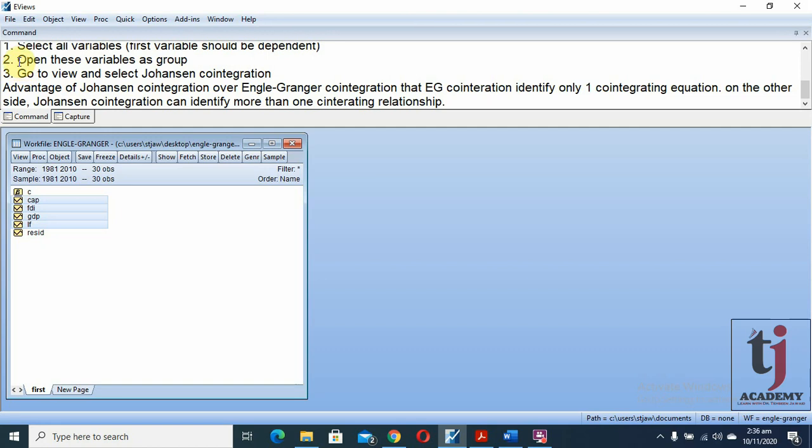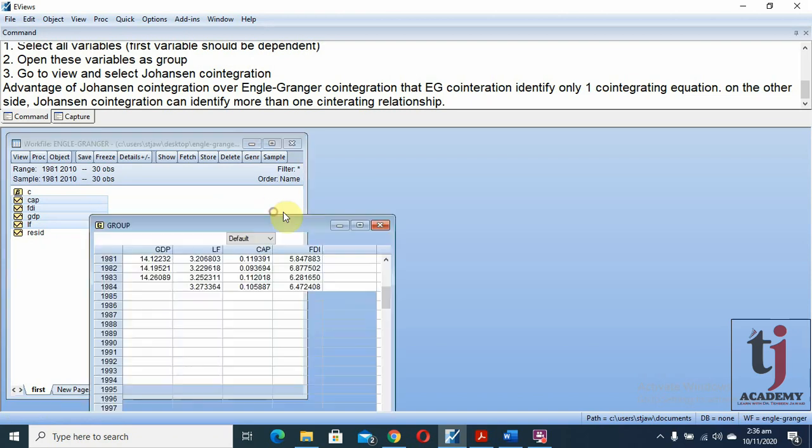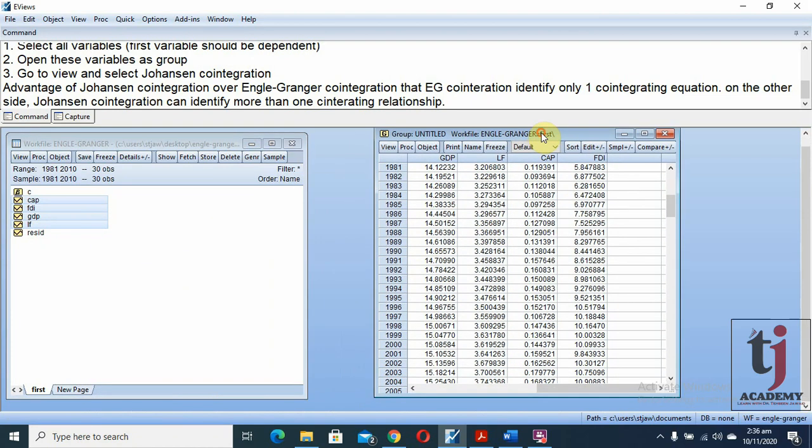Then step 2, open these variables as group. So right click, open as group. This is the group. The third one, go to view and select Johansen Cointegration.